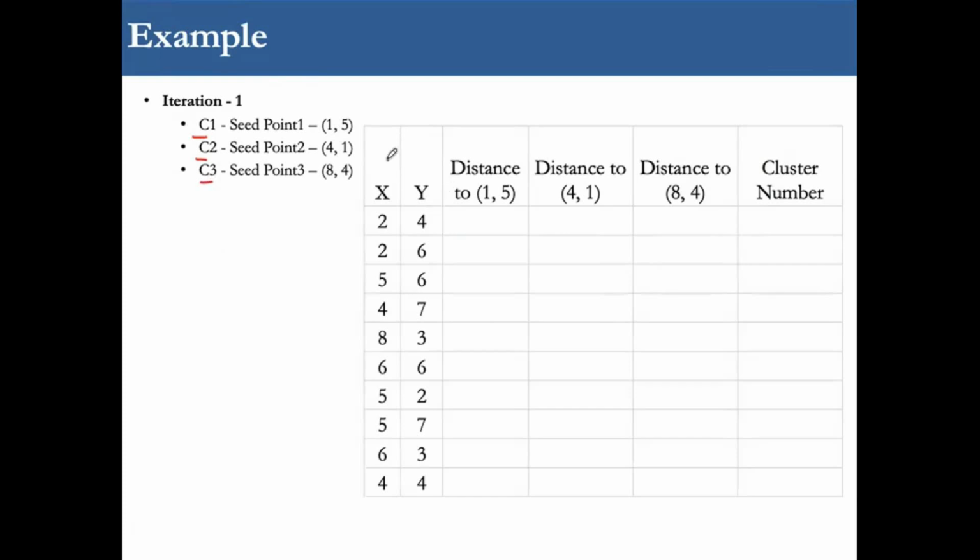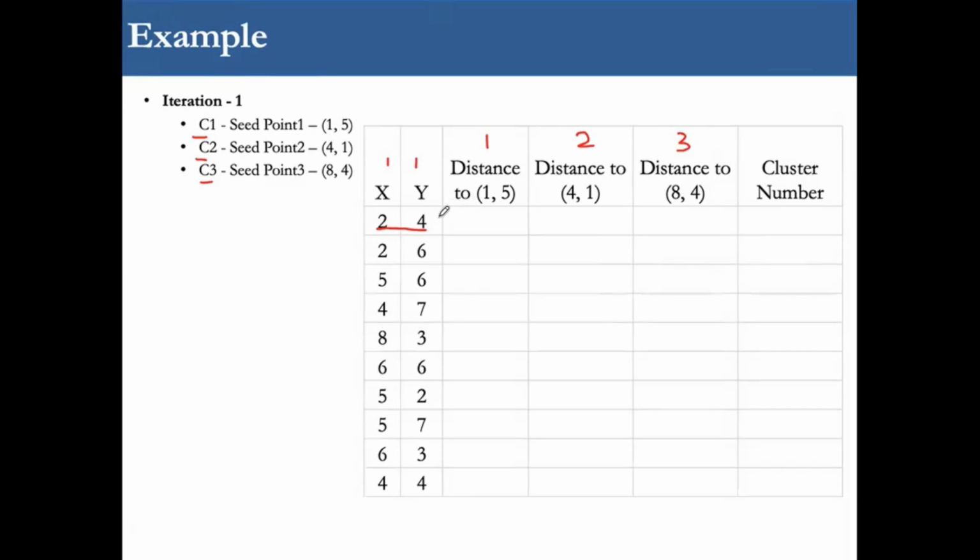And these are the data points, x and y. X and y are the features and these are the data points. Now for the first data point 2, 4, we need to find the distance to the first cluster, the distance to the second cluster, and the distance to the third cluster.